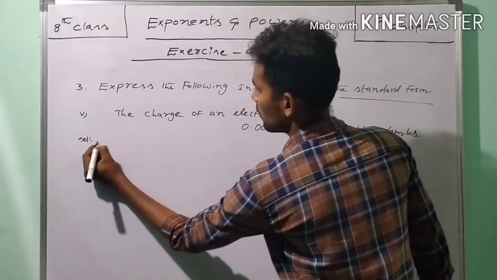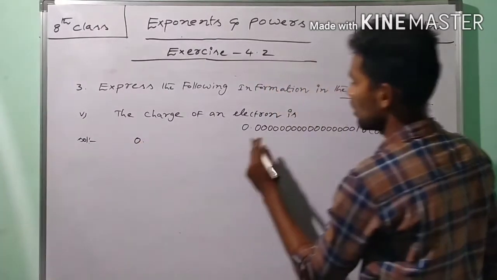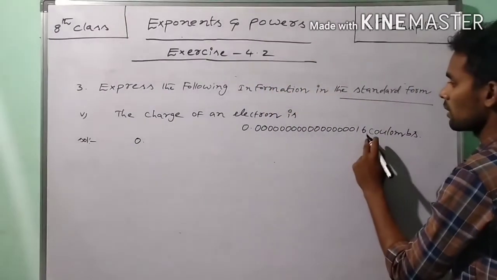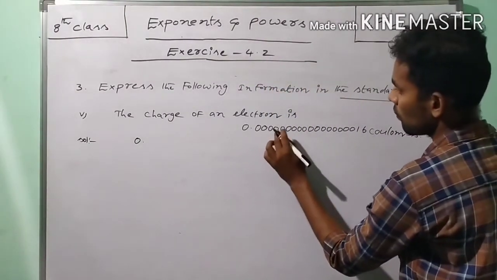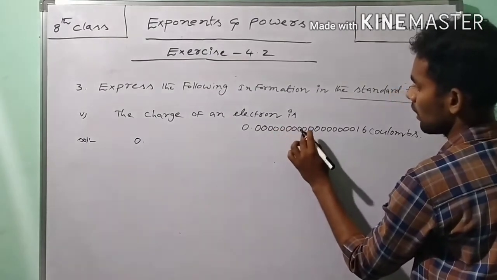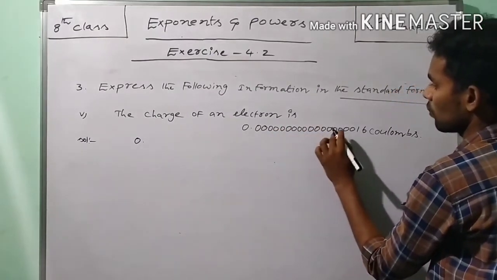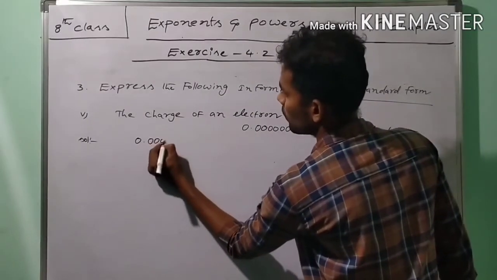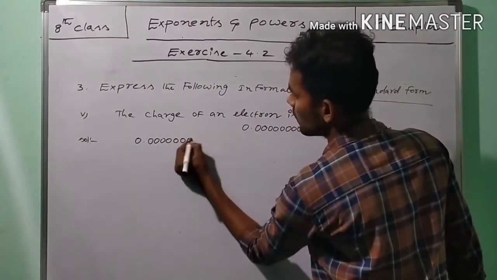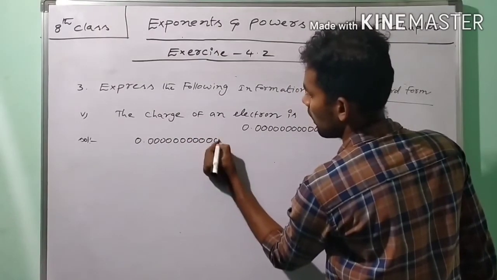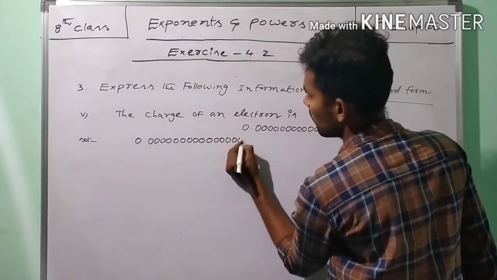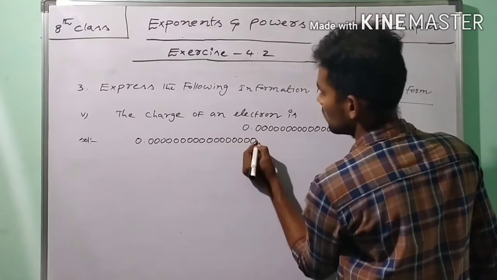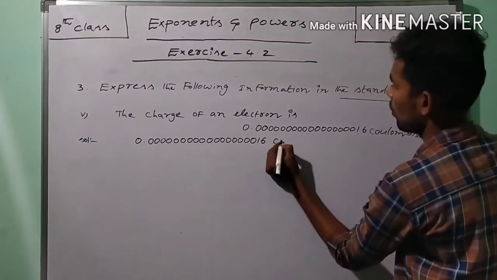Solution: 0, how many zeros are there? 1, 2, 3, 4, 5, 6, 7, 8, 9, 10, 11, 12, 13, 14, 15, 16, 17. Then 16 coulombs.